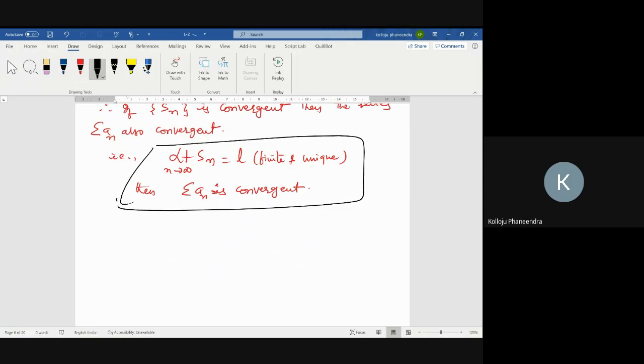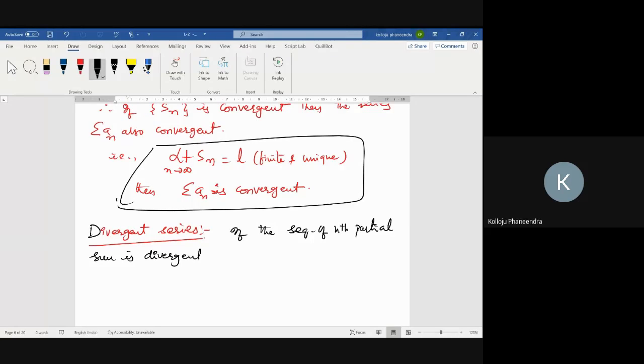Okay, this is the first one. And next, divergent series, not sequence, divergent series. If the sequence of nth partial sums is divergent, then the corresponding series sigma an is also divergent.